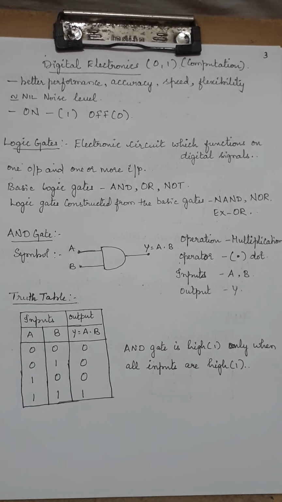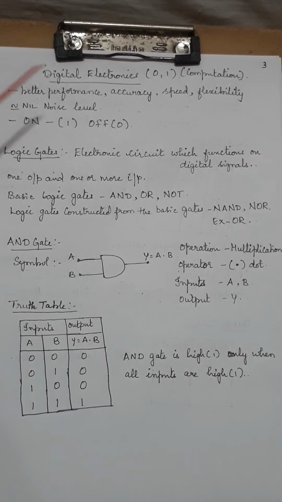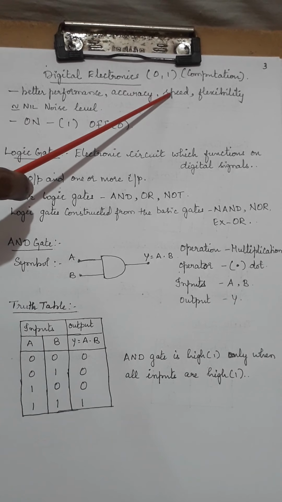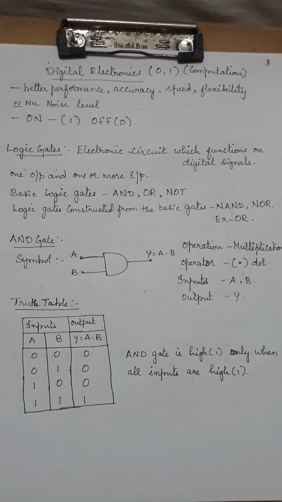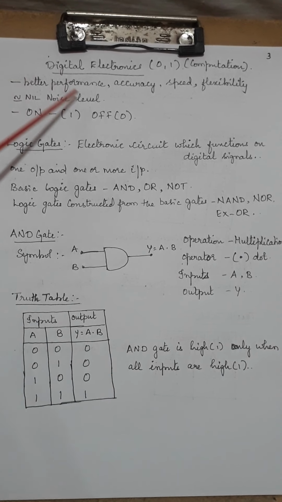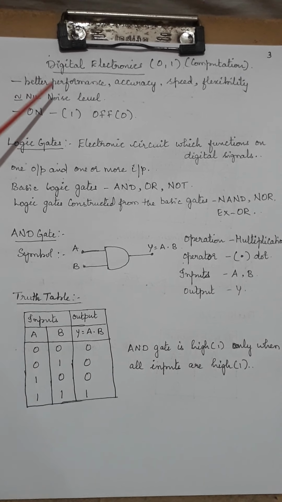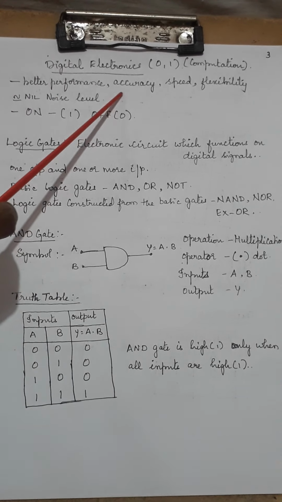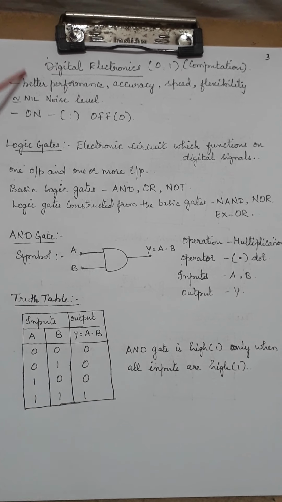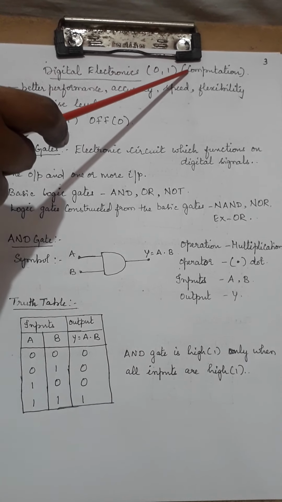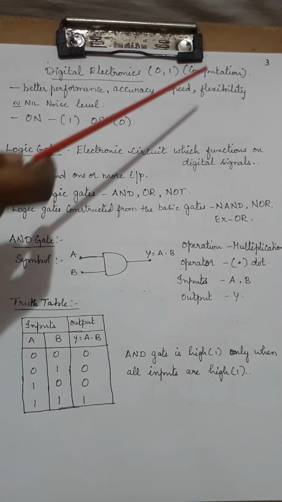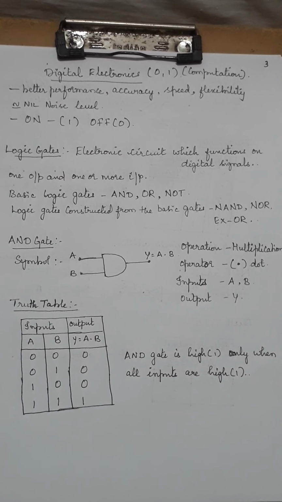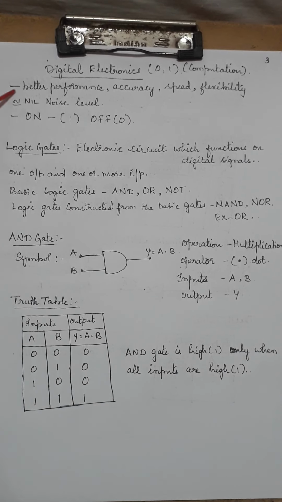But why did people start taking digital signals was, it could have a better performance and it gave you an accurate answer and it's very fast and flexible also, and the noise level got reduced. It was approximately zero noise level, which was able to be obtained through digital signals, which are used in the communication system. But it started only from some computation, when I could add, subtract, where I could have it as a calculator, then later on into computers, then into signals.